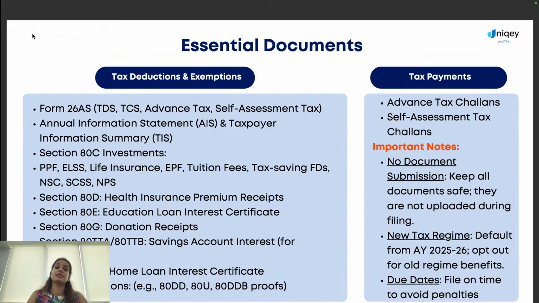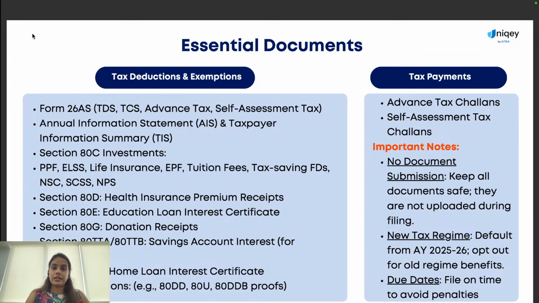So, what are the essential documents for taking the tax exemption or deduction? Here is the list of those documents. For example, if you are taking 80C, in which you can claim insurance, PPF, or LIC premium, or tuition fees of your child, you need to keep all the proofs of those deductions handy.